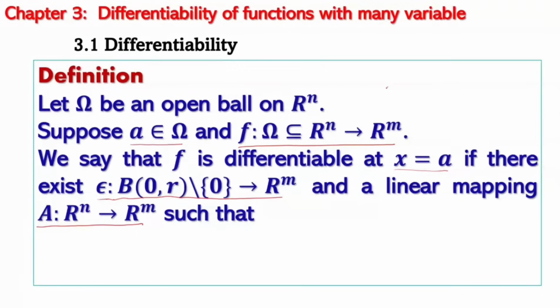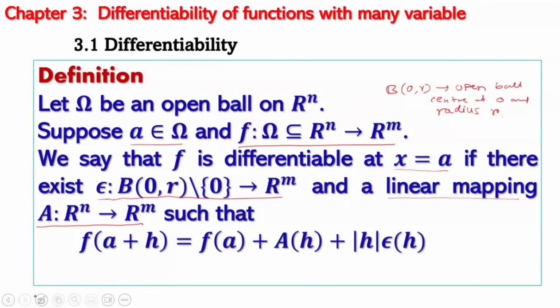Here B(0, r) is the open ball centered at 0 with radius r, and there exists a linear mapping A from R^n to R^m such that f(a + h) can be re-expressed as f(a) + A(h) + |h| epsilon(h).